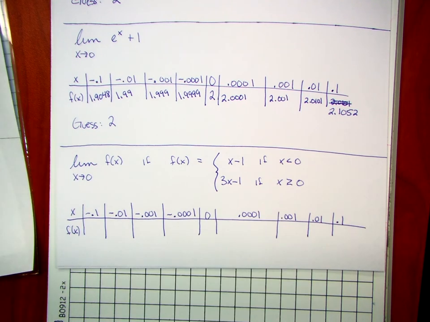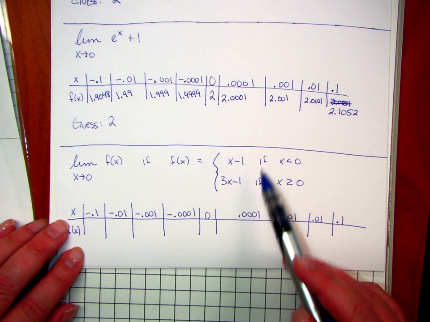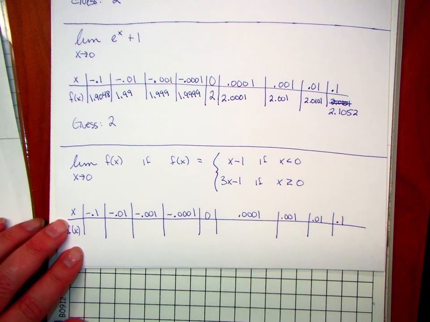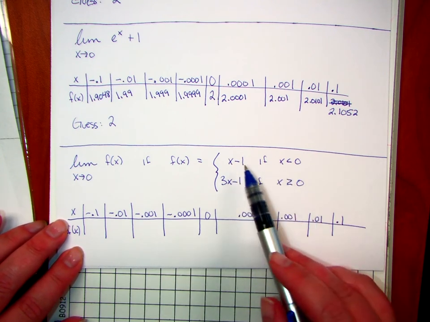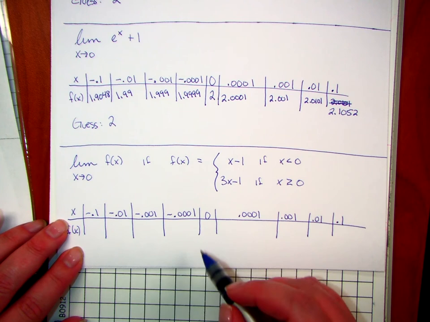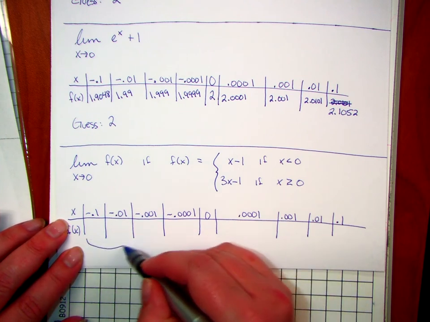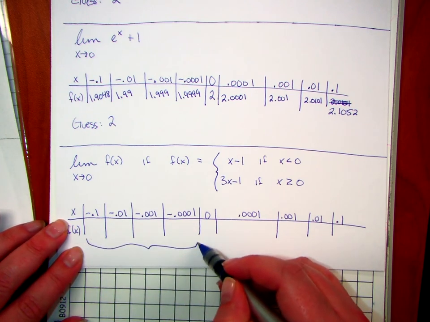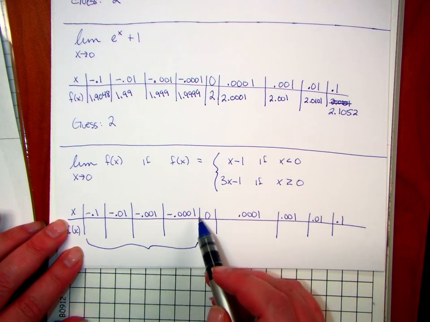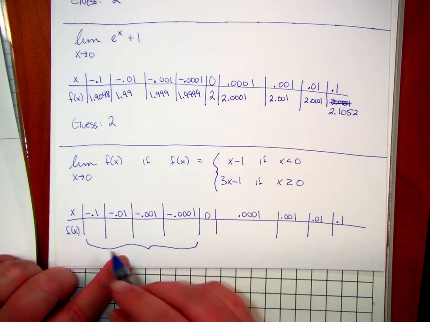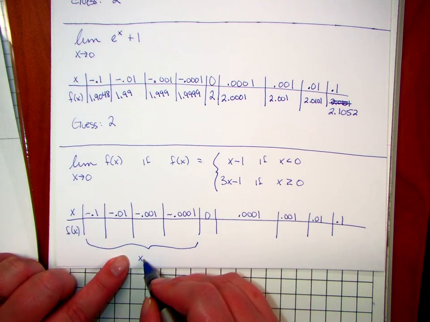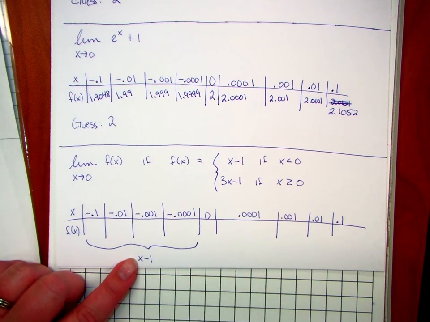Now, we have two different functions to utilize here, right? So this says if x is less than 0, we're to use this function. So less than 0 is this part of our table, right? And so for these 4 values, I'm going to use the x minus 1 function.